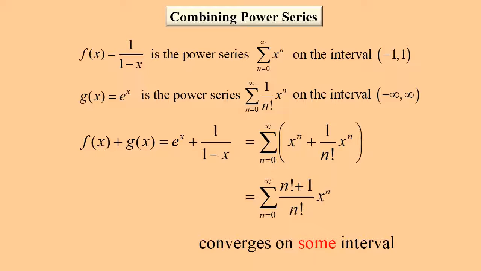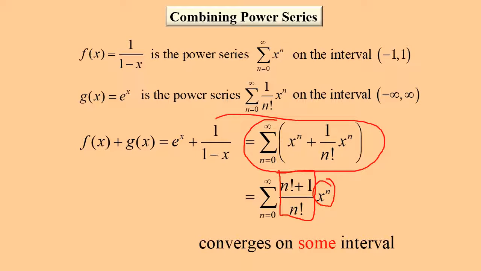Now, typically, when we deal with the summation notation for power series, we want to make sure that our power series involves some stuff with an x to the n at the end of it. So that basically is what we need all of our power series to look like. Not that this one is not correct, it's just not in the right format.